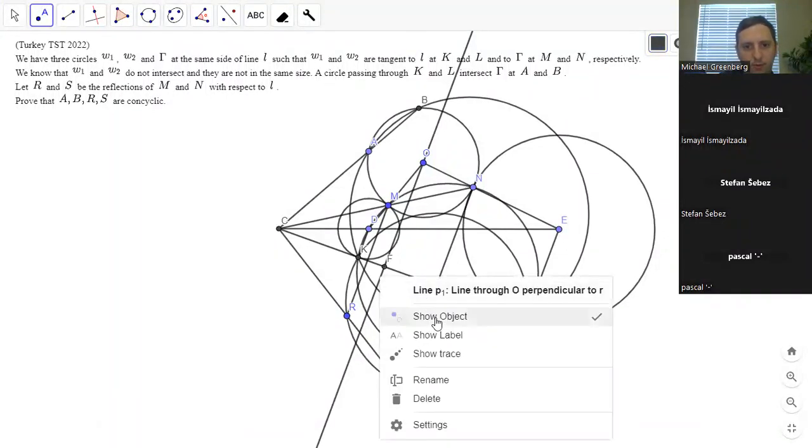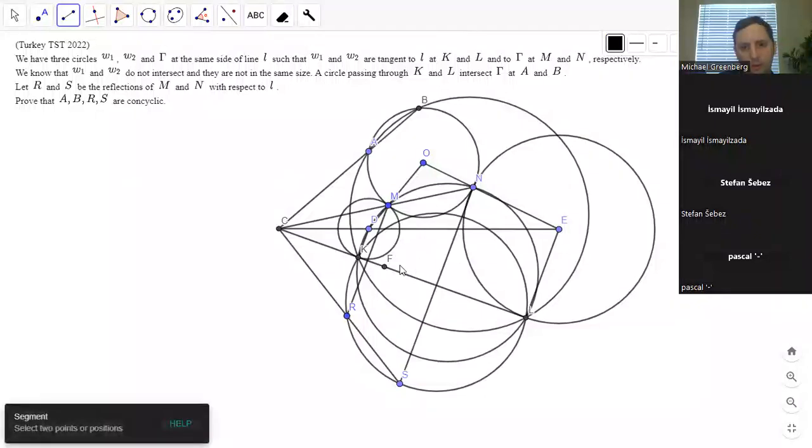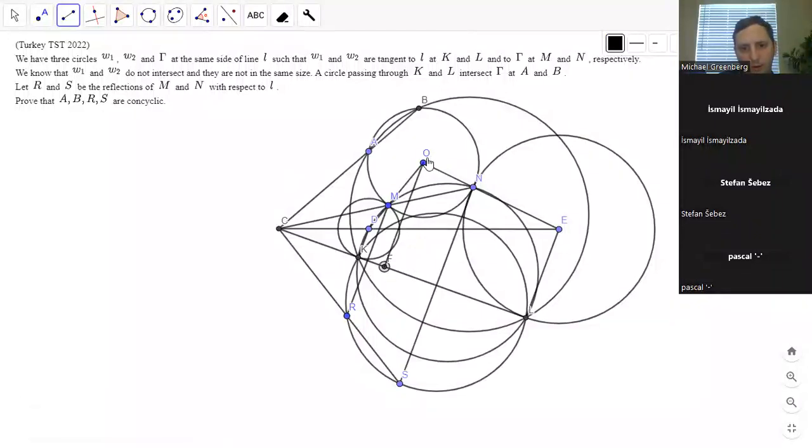Yeah, there might be an easier way to see this that I'm just not seeing right away, but it should be bashable. Let's see.